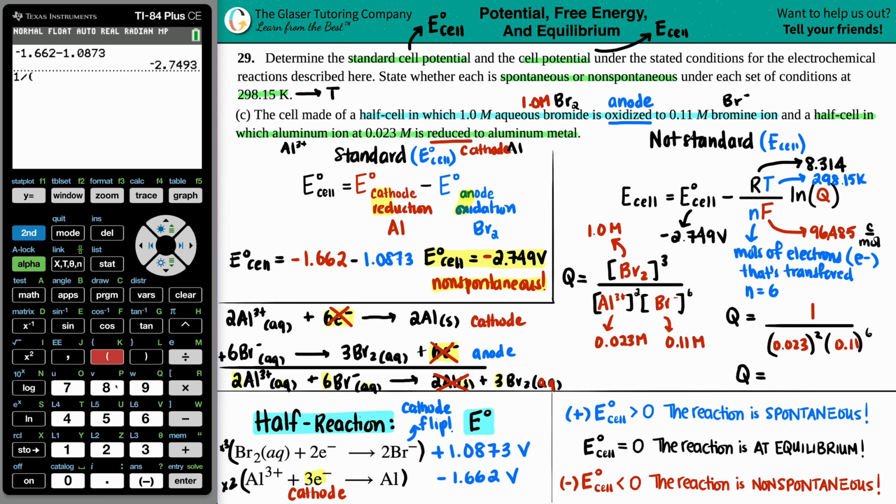Parentheses, 0.023. I'm going to raise that to the second. And then I'm just going to keep going on. I'm going to say 0.11 raised to the sixth. Close the parentheses. So by doing this, you see how the division is all in those parentheses. So I'm going to press enter. And I get a big, big, big number.